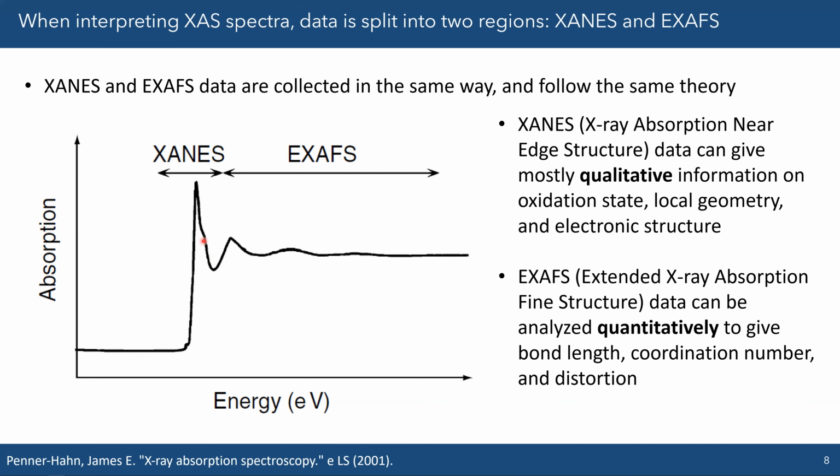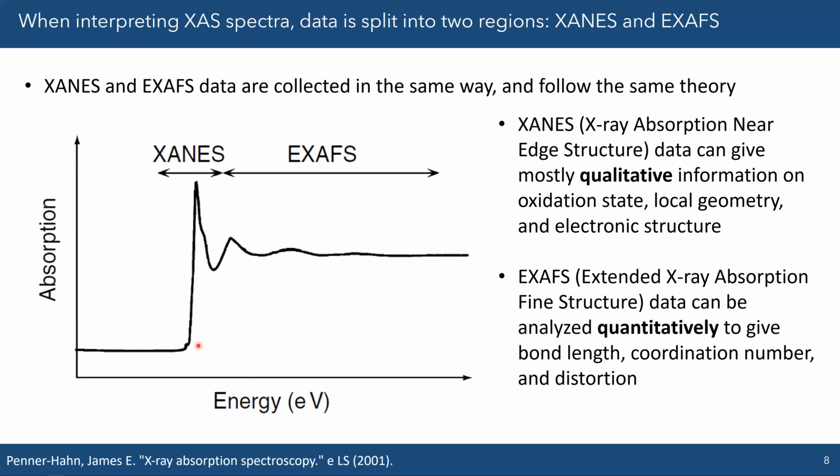So we end up with something like this. There are two regions of the XAS data that are interpreted and analyzed separately. The first region is the XANES region, the X-ray absorption near edge structure. So near the rising edge, this is the XANES data.